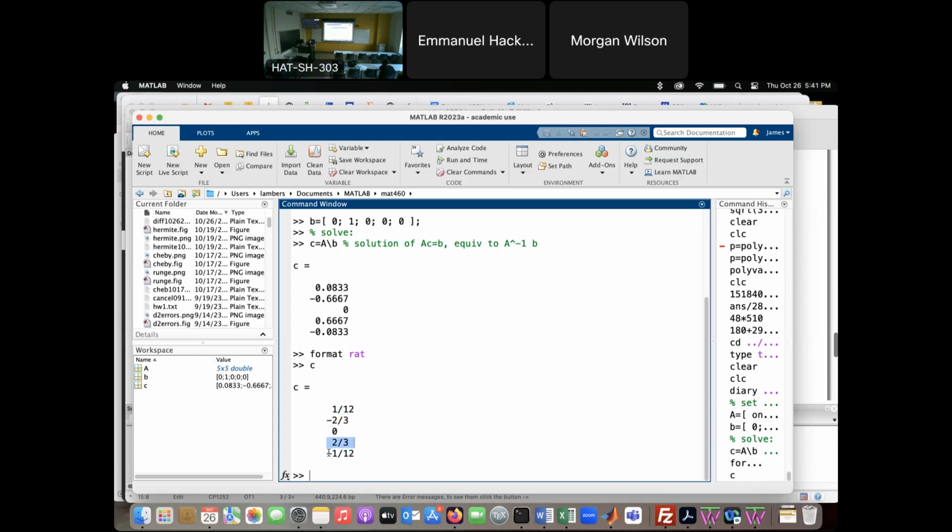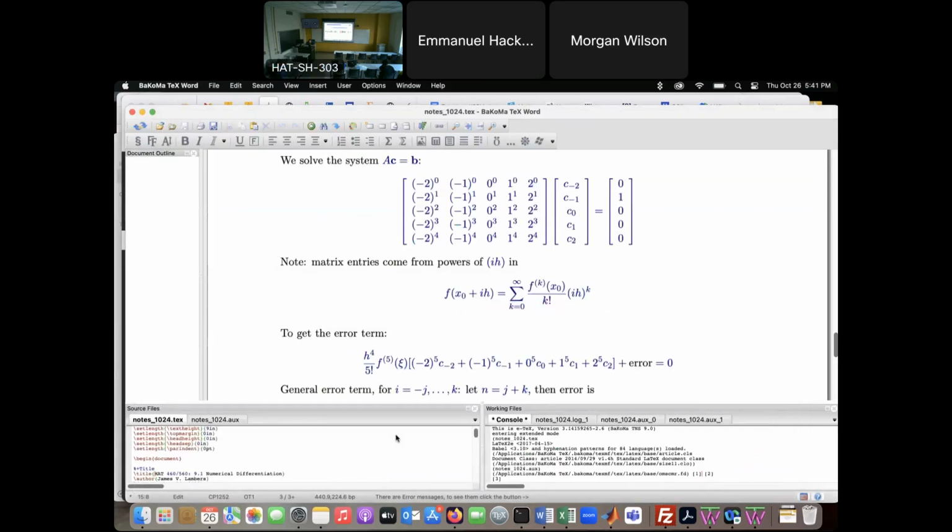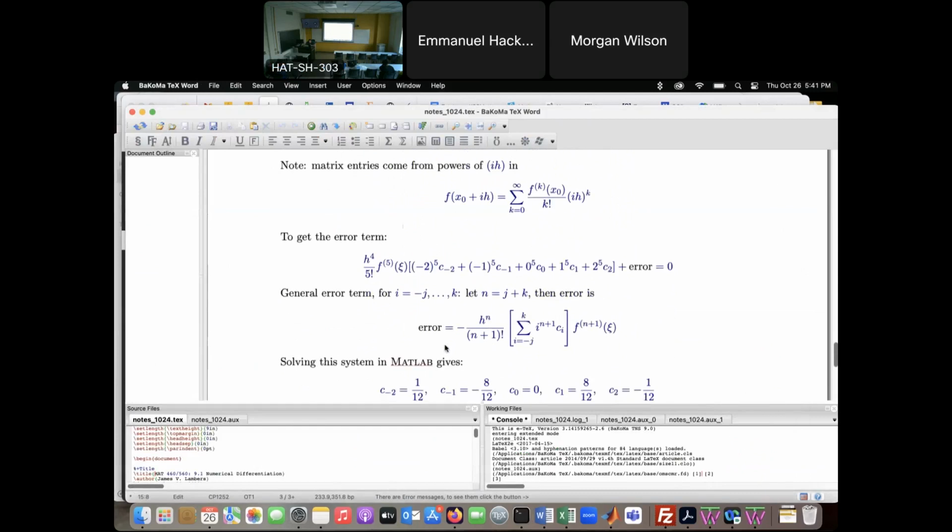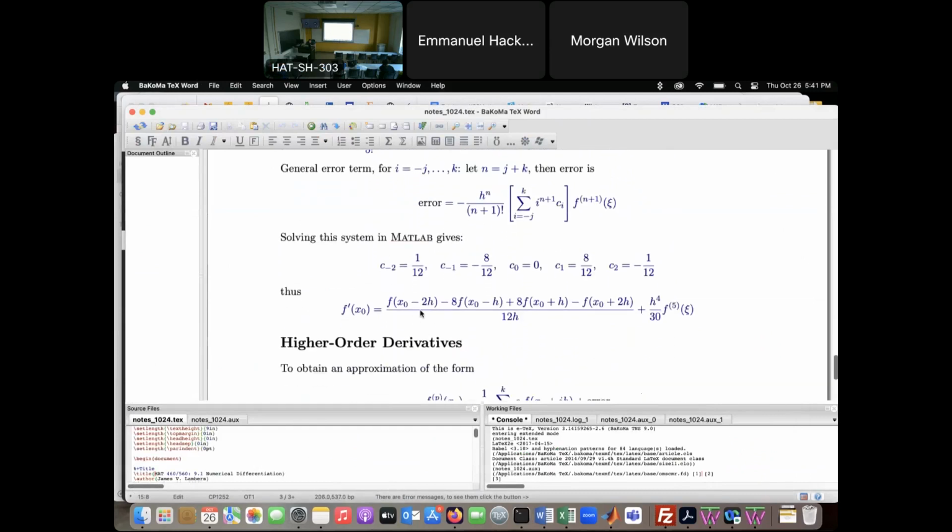Then x naught plus h, and then x naught plus 2h. And that is consistent with what you see here. So 1/12 for extremes, and then plus or minus 8/12 for 2/3.